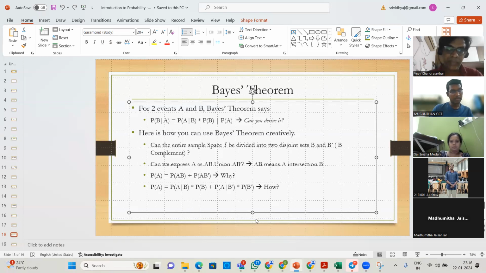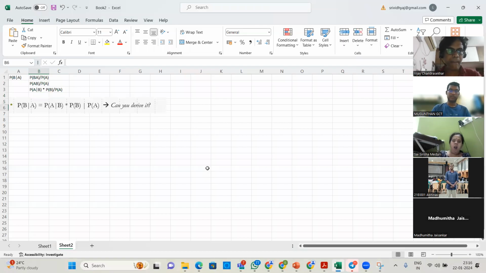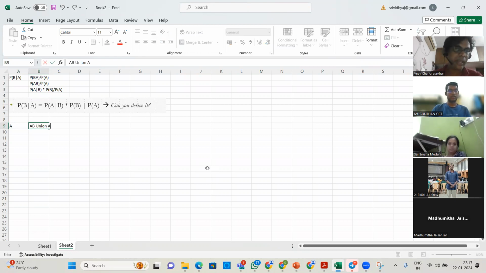Now, I'm trying to figure out the probability of A. That's the objective. Can I say A is the same as A intersection B union A intersection B complement? Why?